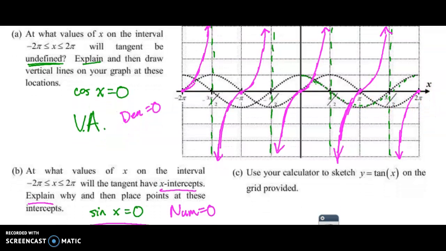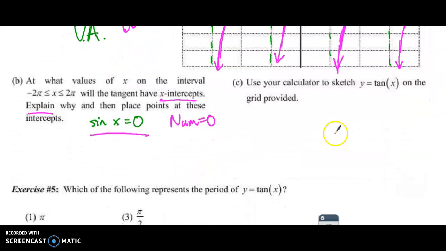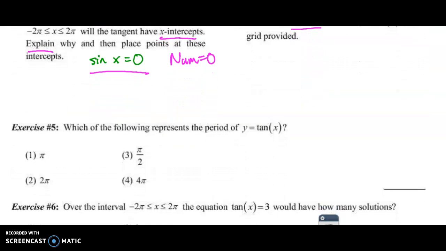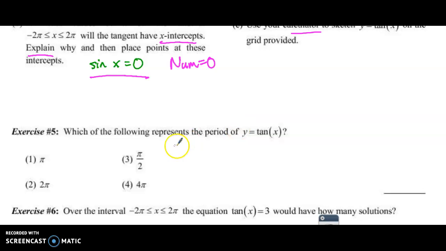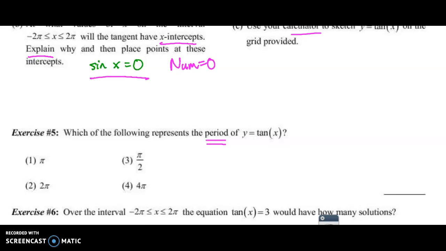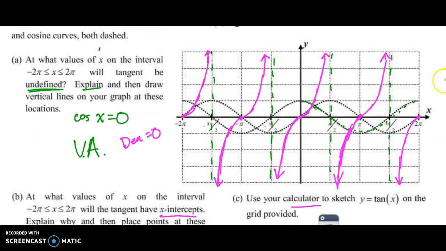Alright, so this is where we left off, and I showed you with the graphing calculator. I wasn't trying to rush through anything. But again, as I've mentioned before, graphing the period of a function is basically just saying how often the same exact visual repeats itself. So you can see, tangent repeats every pi radians.